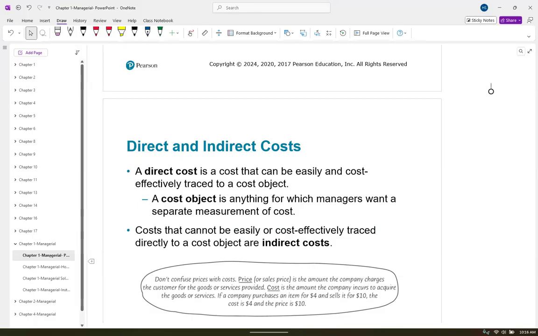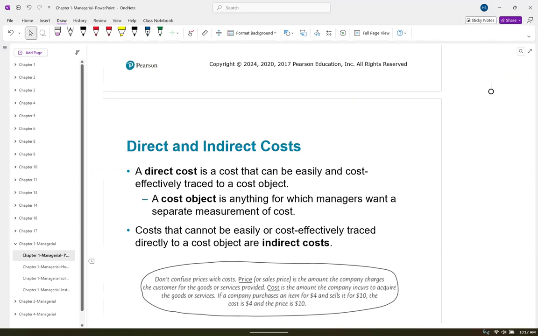That's a direct cost. Things you might not see so much when you open up that bag could be the oil that it was fried in, kind of indirect, although that could be questionable. An indirect cost could be the bag that the chips are put into.